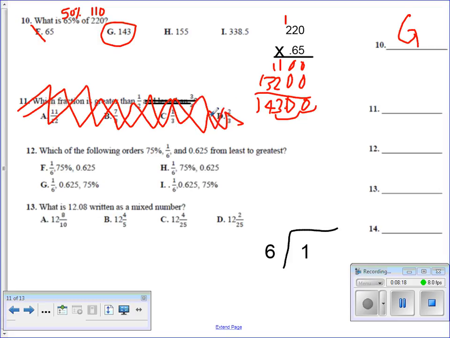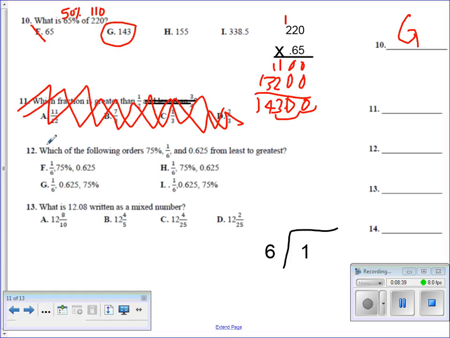I'm really sorry. I should have taken more time to analyze this question. It's not the same one as the one on your test. So if you really can't figure this one out, you can come in and see me. But you should be able to look at a fraction and decide if it's bigger than 1/2 or not.